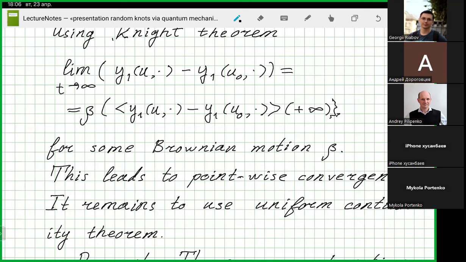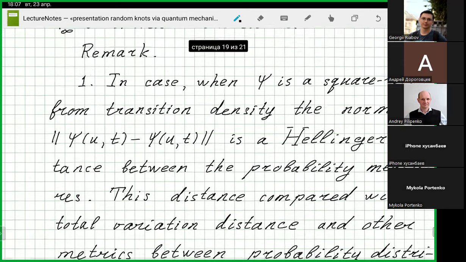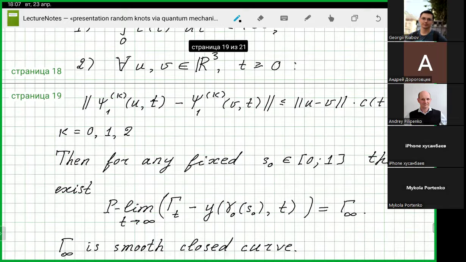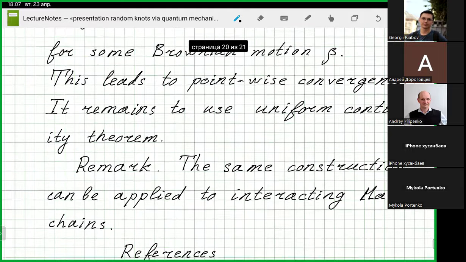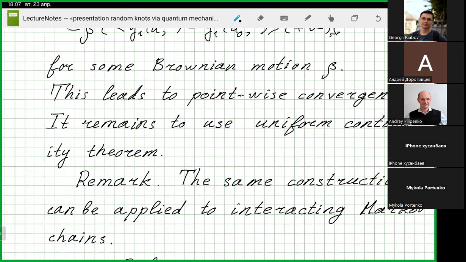We have a pointwise convergence, but the estimation for the difference of this psi which we have, this condition 2, gives us the uniform continuity which leads to the desired convergence.